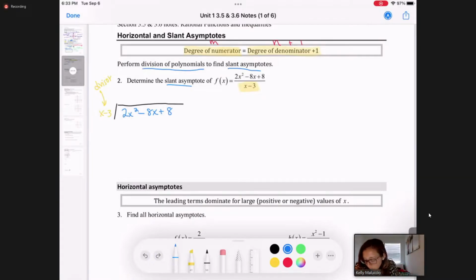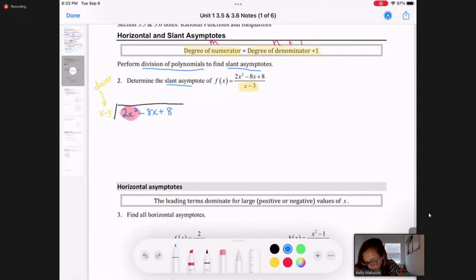If you remember long division, great. If you don't, what we do is we take the first term here, and we say, what do I need to multiply this by in order to get it to be equal to that first term? There are other ways to think of this, but that's how I think of it.